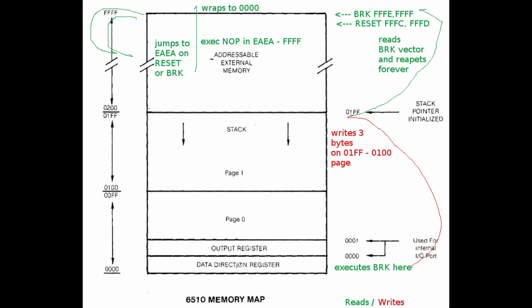Then after writing 3 bytes on the stack page, it will start writing at 01FF, then going down on every BRK, decrementing by 3 until reaching 0100, then wrap around to 01FF again.